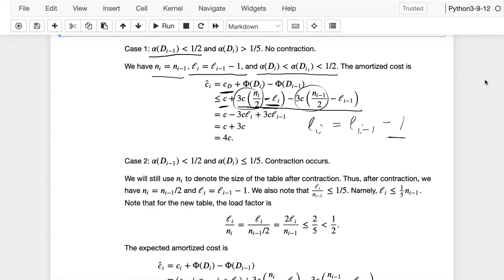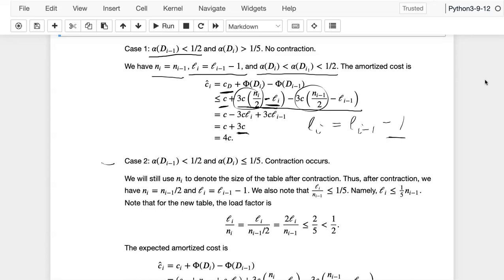That's why we got 3C plus... Okay, the other parts cancel. So that is 6C. So the expected amortized cost is less than or equal to 4 times C, which is a constant.